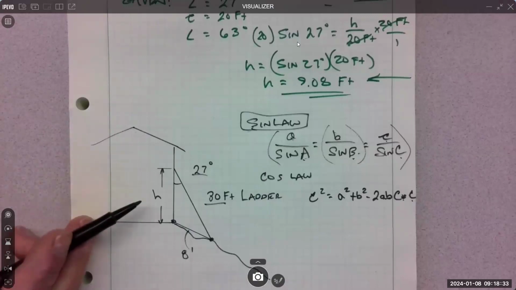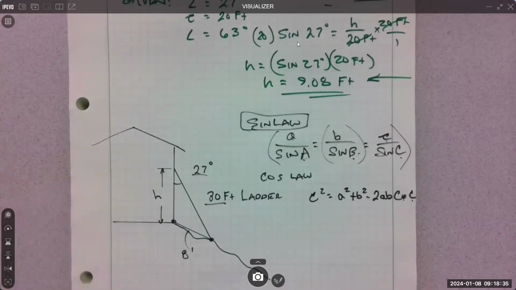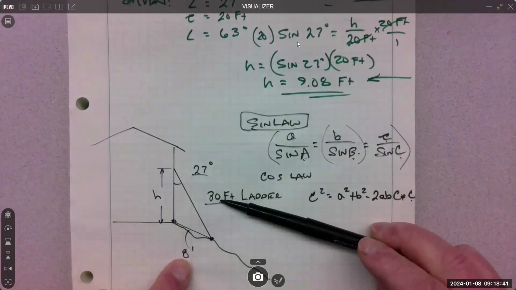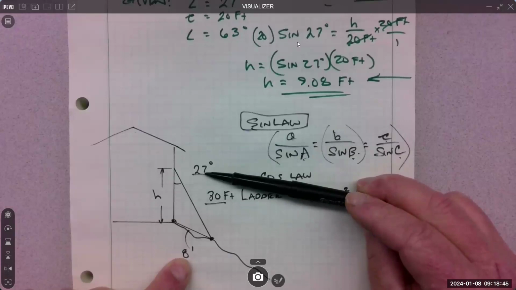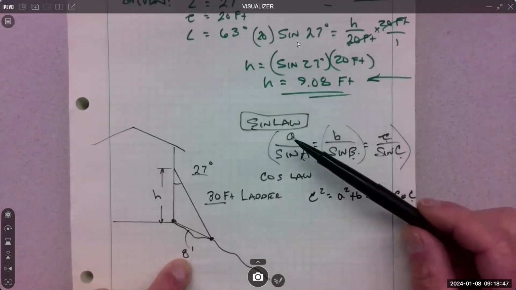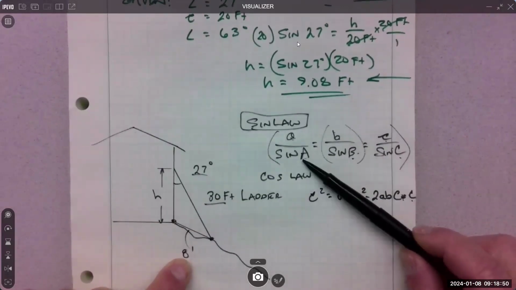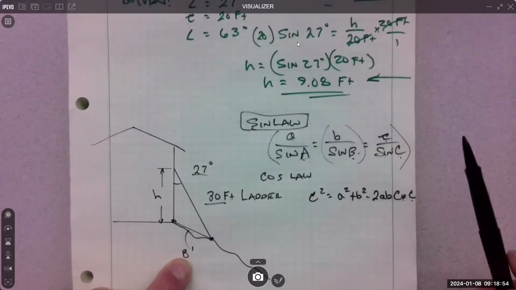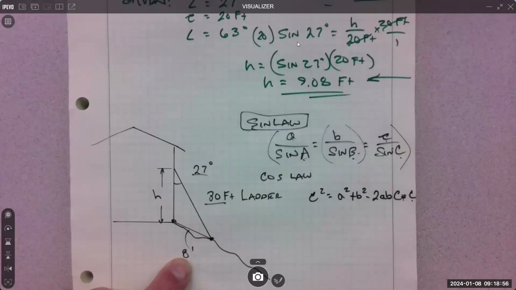We want to know H. Okay. So we know 2 sides, correct? And 1 angle. 2 sides and 1 angle. So 2 sides, 1 angle. This could work. Some kind of a sine law function. All right, so let's look at that.